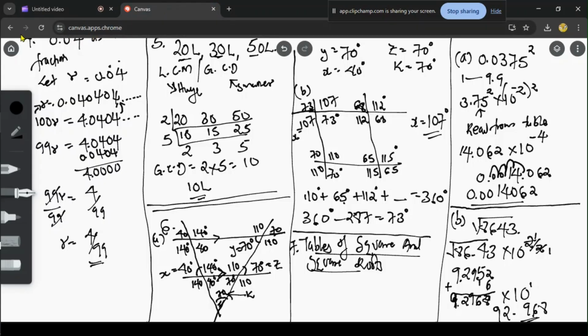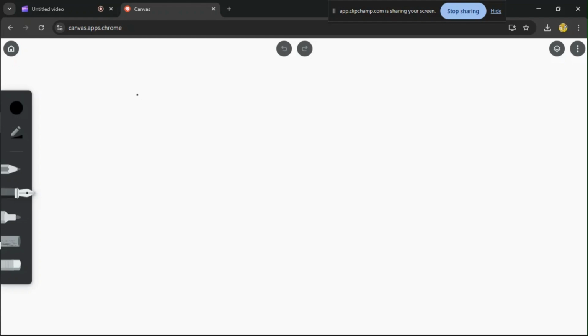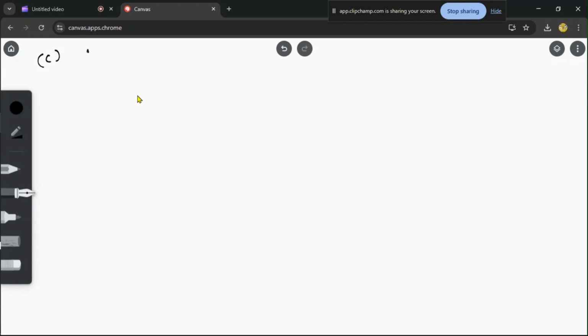Lastly, let me read the last one. This is C. We were getting the square root of 0.00414. I do the same thing. This is still the square root, so I need to move the number of steps that is divisible by 2.